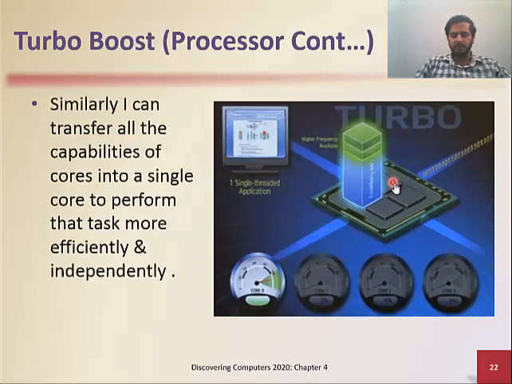And similarly, you can switch off 3 cores simultaneously and shift the working capacity, which is represented with these green strips here. So all 3 cores are switched off, and only a single core is active at that time, and that is a very important parameter of a processor when you want to reduce the energy consumption of your system. Most of the systems that come with the U and FX suffix use turbo boost technology, because by using this technology you can reduce the energy consumption of your system.